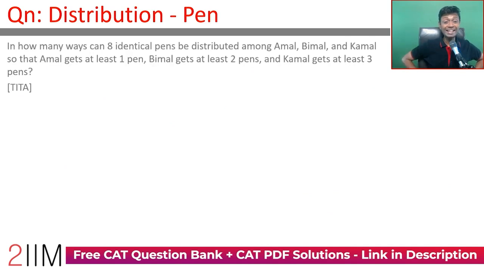In how many ways can 8 identical pens be distributed among Amal, Bimal and Kamal such that Amal gets at least 1, Bimal gets at least 2 and Kamal gets at least 3 pens? Amal 1 plus something, Bimal 2 plus something, Kamal 3 plus something.